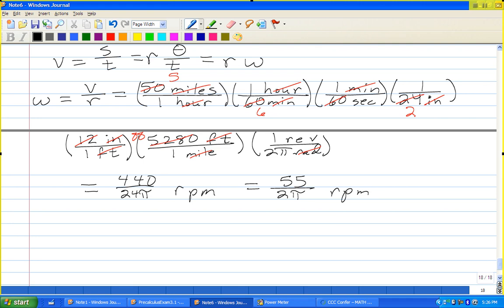Revolutions per second. Oh, I wanted it per minute. I have revolutions per second, so I have to multiply by 60. These are revolutions per minute they wanted.